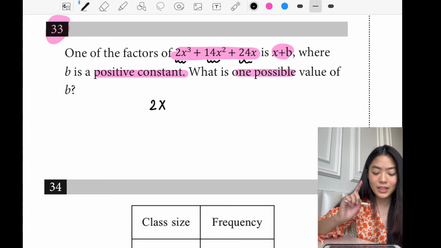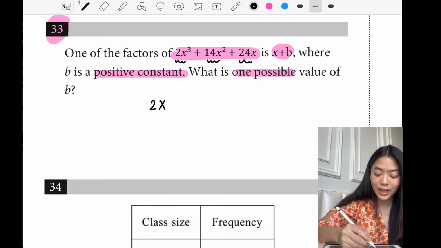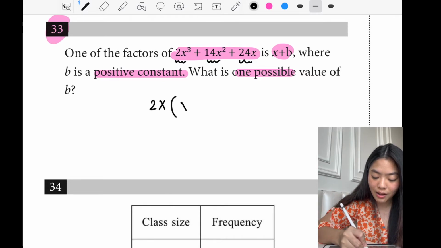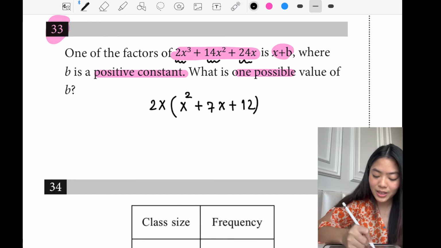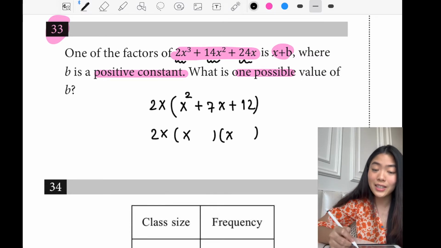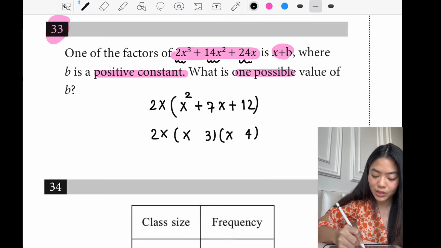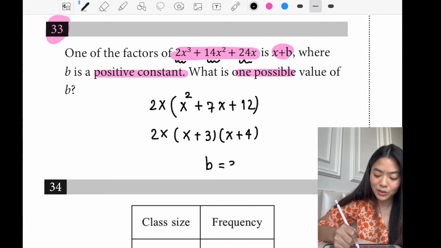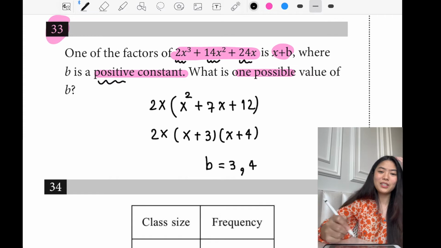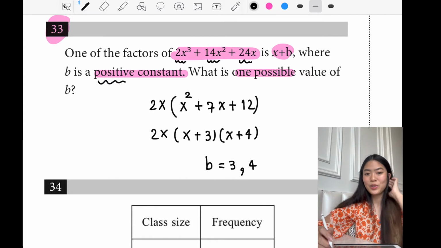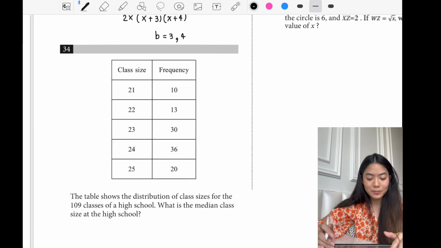We factorize 2x out, then you will have x squared plus 7x plus 12. And of course we can factorize again: 4 times 3 is 12, and 4 plus 3 is 7. Therefore b can equal 3 or 4, because it is positive. So you can choose 3 or 4 to be the answer.